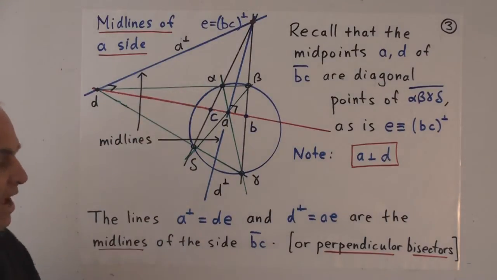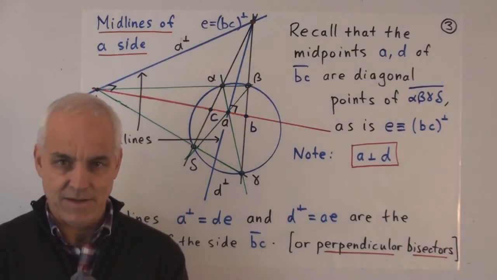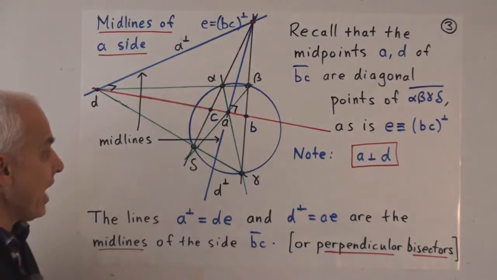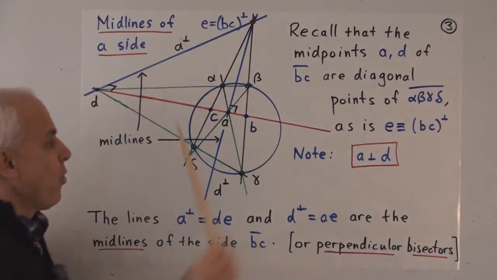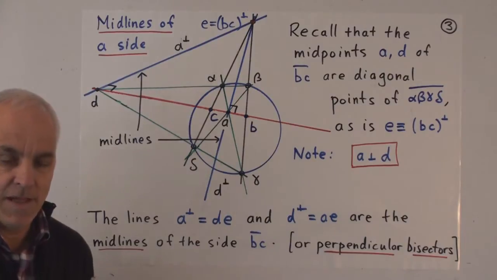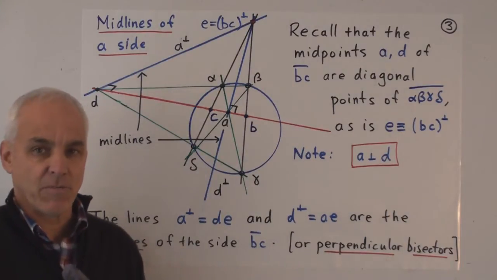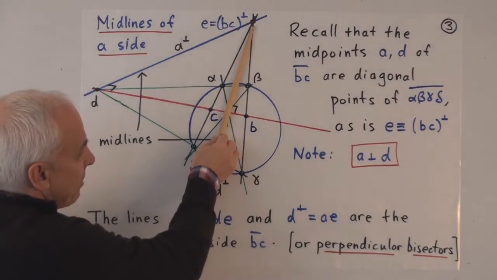Now this picture allows us to also define the midlines of the side BC. Those are lines that pass through the midpoints, which are perpendicular to the line BC. That's an exact analog of a perpendicular bisector. So there's one midline.